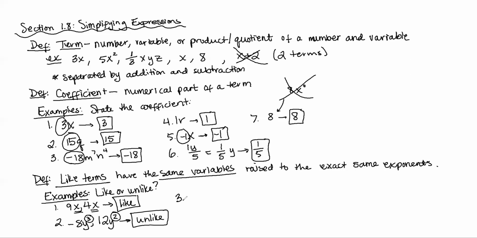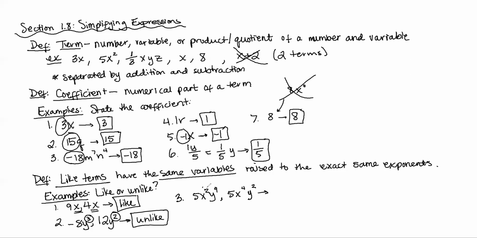All right, number 3, 5x squared y to the 4th and 5x to the 4th y squared. So now with this one, we have an x and a y in each. That's always the first thing to check because if you don't have the same variables, it's not possible that they're like terms. And now we want to check the exponents.